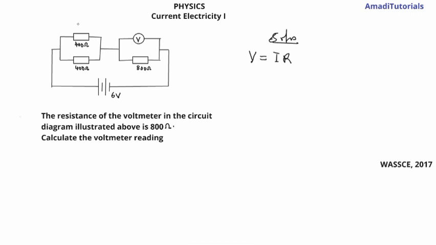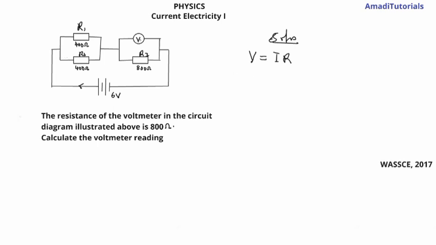Then we can call this one on top R1, this one below R2, and this other one R3. Then I here will represent the total current coming from the cell.